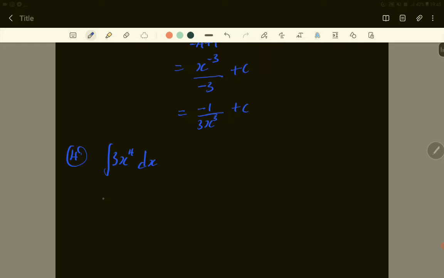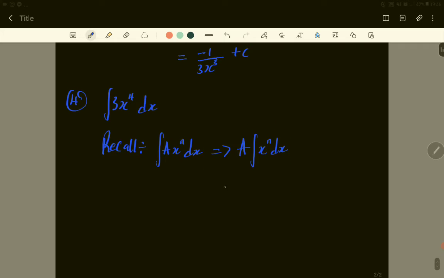Now again, we have to recall from our previous video the second or the third rule, which states that the integral of a x to the power of n dx implies a times the integral of x to the power of n dx, which will result in a times x to the power of n plus 1 divided by n plus 1, plus c.